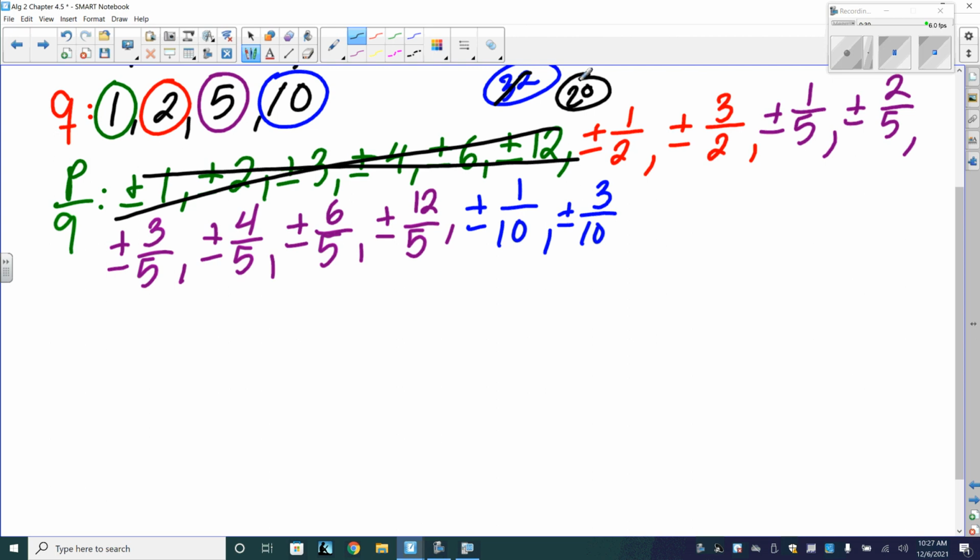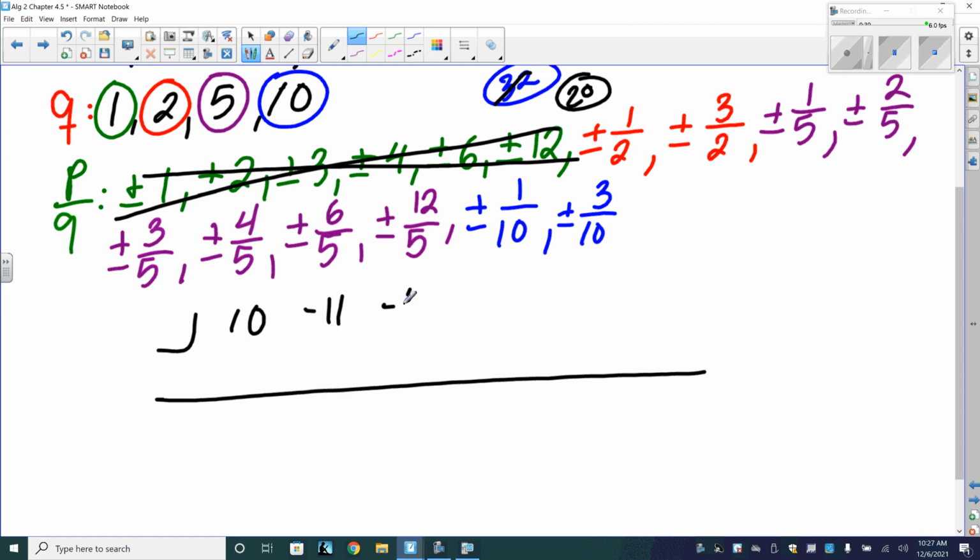So we're going to use synthetic division. So the numbers going across the top are going to be 10, negative 11, negative 42, 7 and 12, and we're going to bring down the 10.